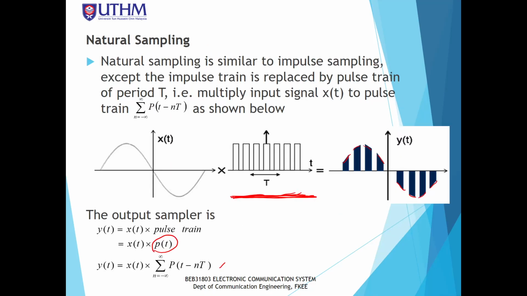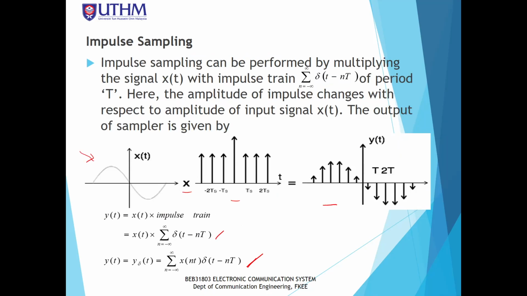In the impulse sampling, if I flash back, y delta t is here. If we do the multiplication of the analog signal with the impulse function, we produce y delta t.